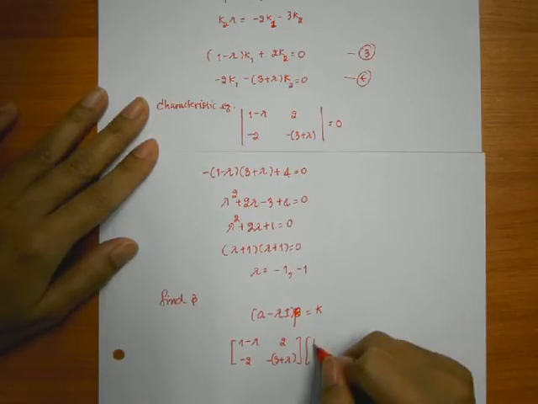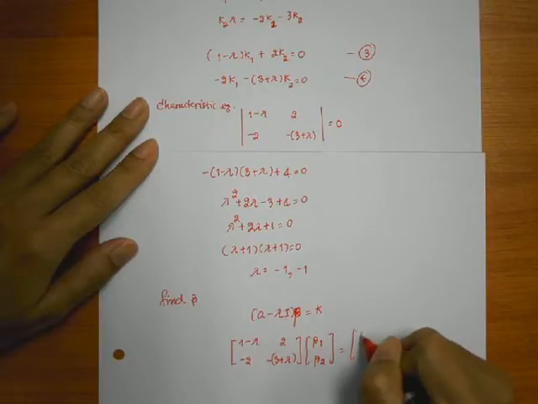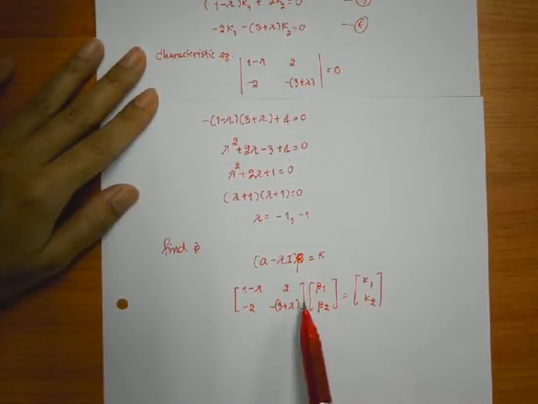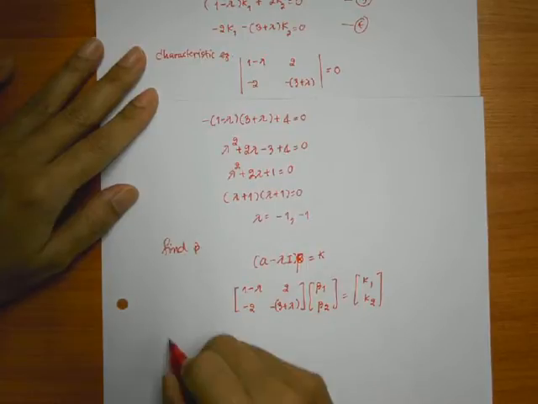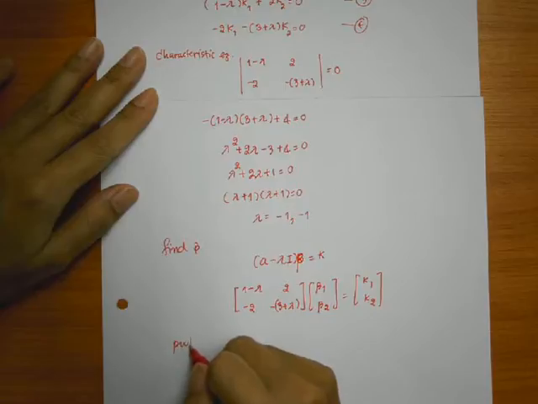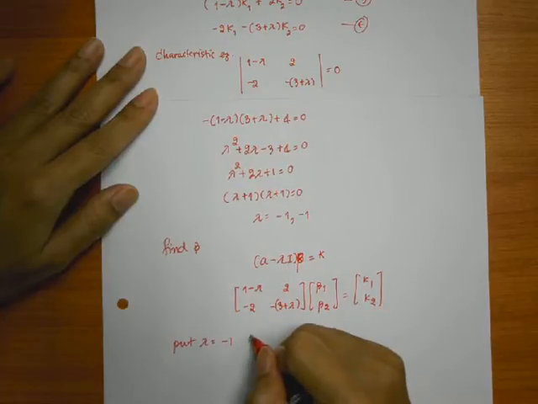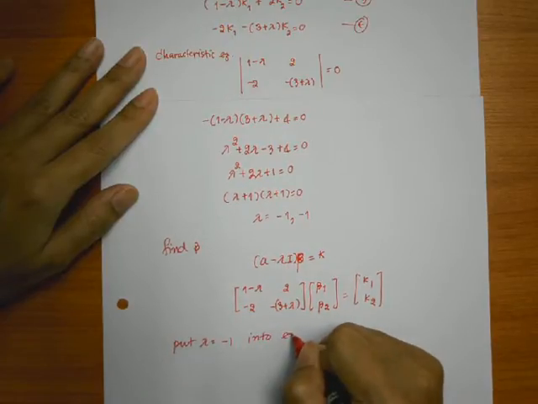Now we have beta 1 and beta 2, and K1 and K2. In order to find beta, you have to know lambda and K. So now we have one lambda. So I put lambda equal to minus 1 into equation 3.